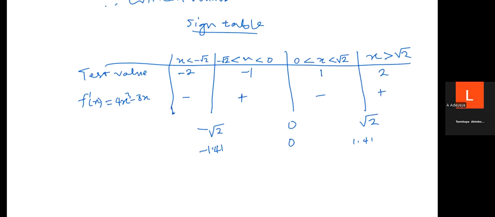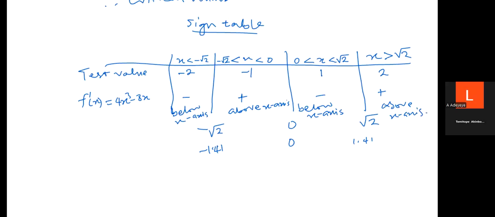So below x axis, above x axis. Let me put the axis there so that it is clear. Below x axis, then above x axis. So copy the sign table.